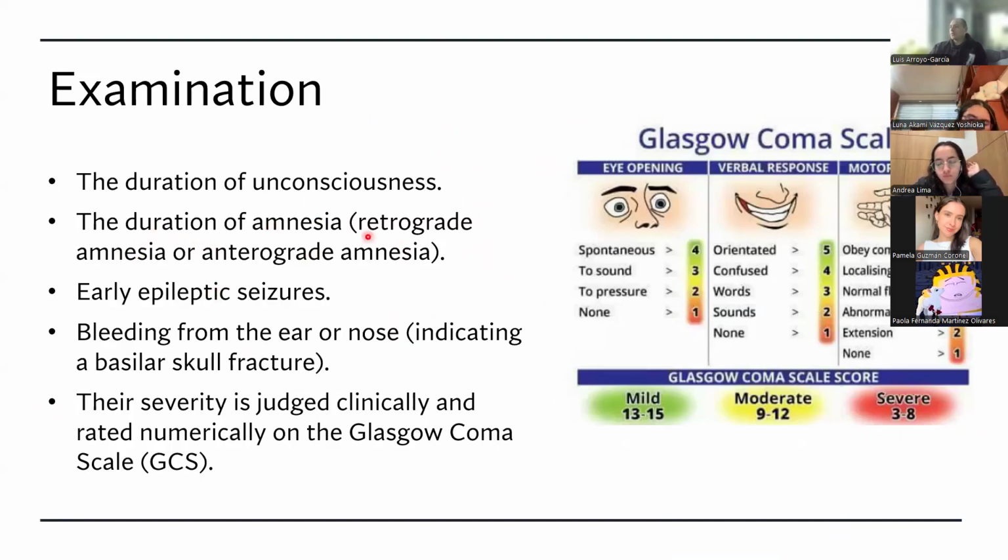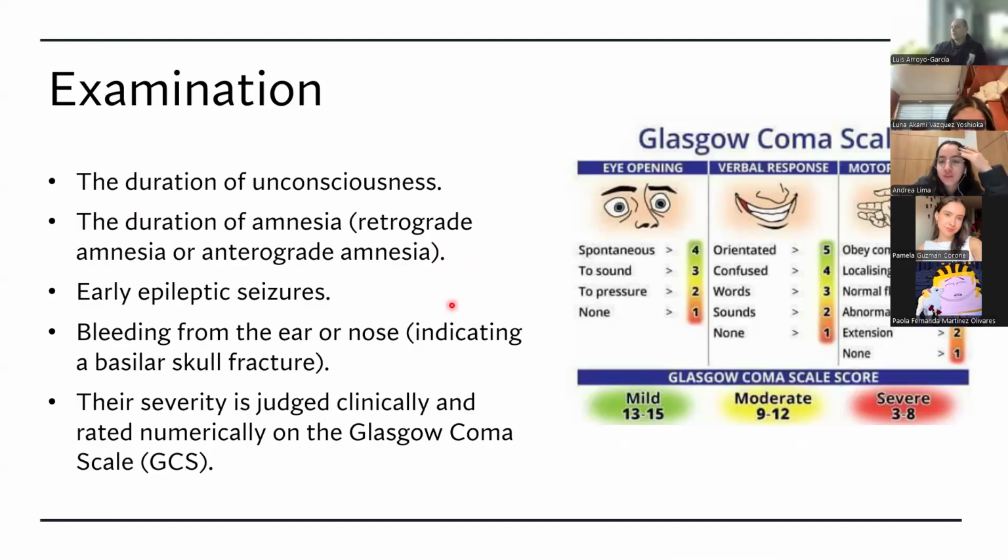The duration of amnesia: if you remember something before that. I think you remember everything, Andrea. Yeah, I just remember that I hit my head, and then for a second I was confused. And then I just saw everyone was worried in front of me. Yeah.